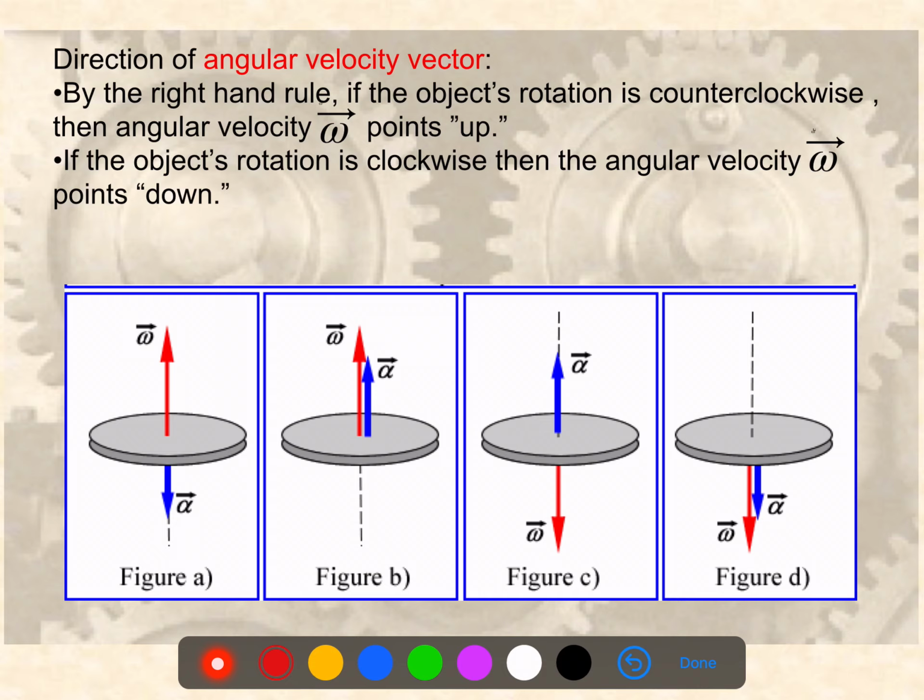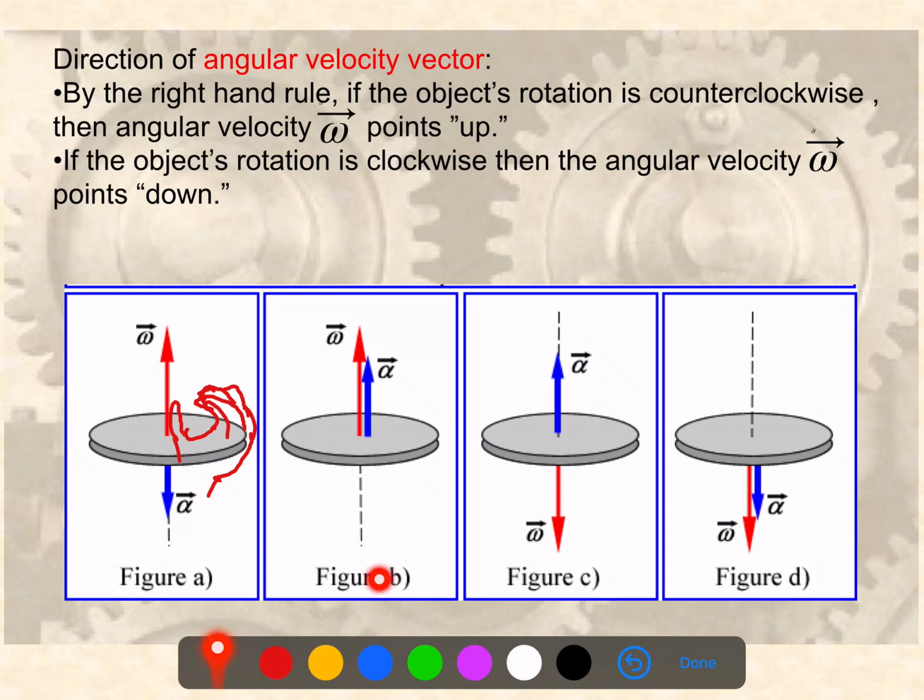When we have counterclockwise, such as in figure A, the rotation is like so, then you can imagine putting the fingers of your right hand, because this is a right-hand rule, in that direction. Your fingers are going to curl around and your thumb will then point in the direction that the angular velocity vector is pointing in, which in this figure is up.